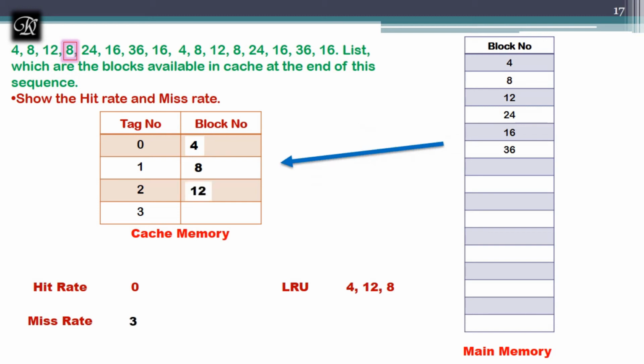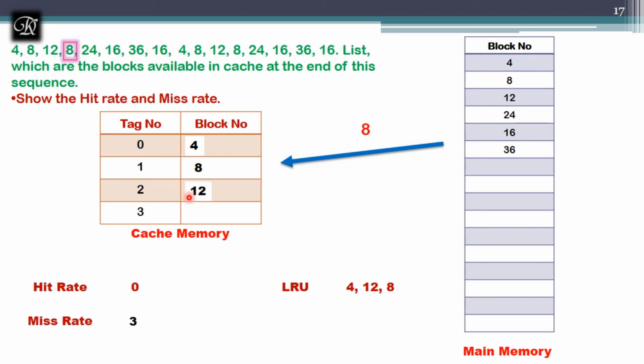Now let's take 8. 8 is requested, but 8 is already there in the cache. Now I need not bring the memory block 8 from main memory to cache memory. It is already available. So 8 is recently used, because just now it was accessed.